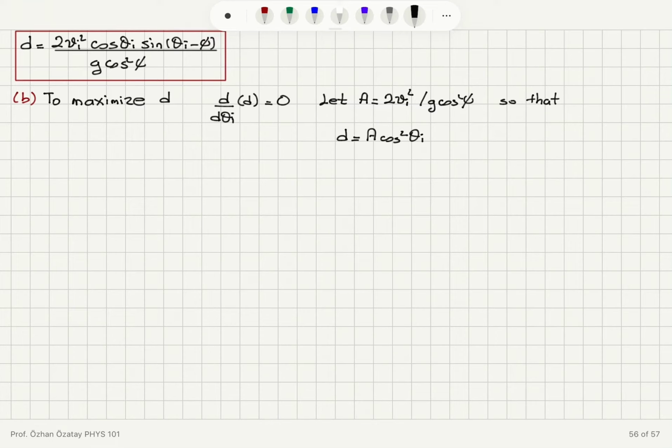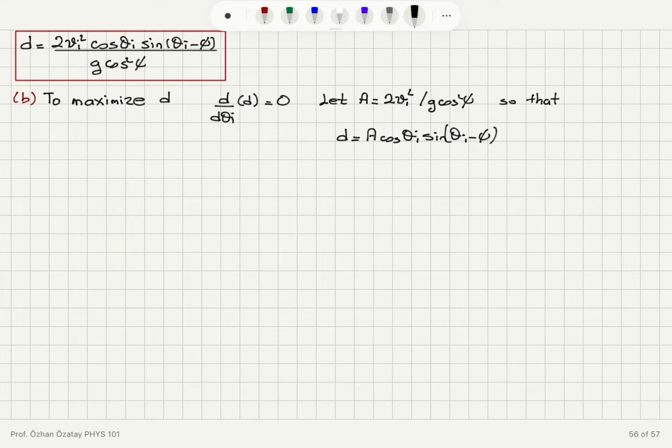Cosines, so it's going to be cosine theta initial multiplied by sine theta initial minus phi. So this is what I need to do.